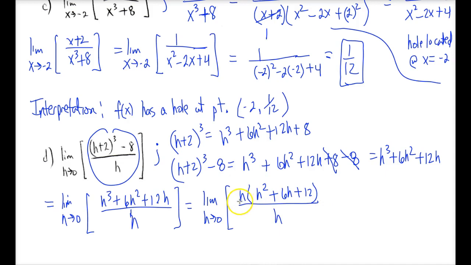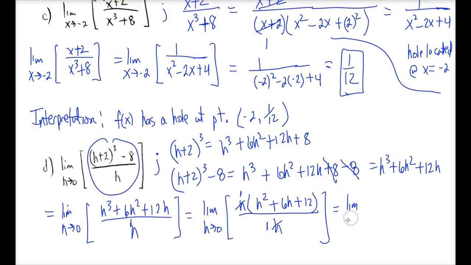That'll leave us with h times, in parentheses, h squared plus 6h plus 12. These h's will reduce to 1. And what we have left is just the limit as h approaches 0 of h squared plus 6h plus 12.